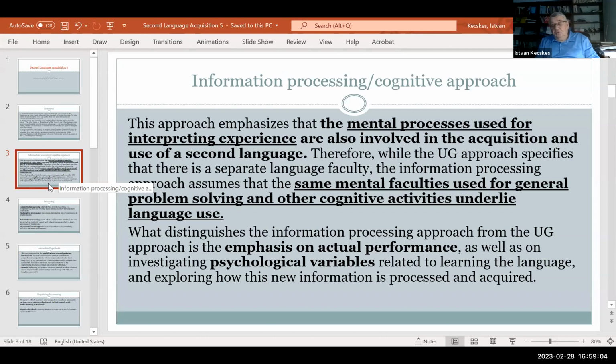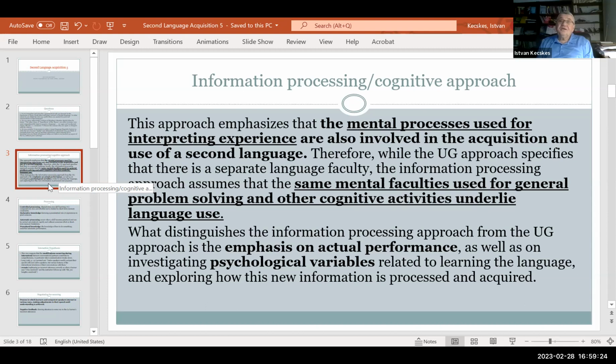And what they emphasize is that language is a very important, inseparable part of cognitive activities. So language belongs to the group of cognitive activities, and it is inseparable from the others.